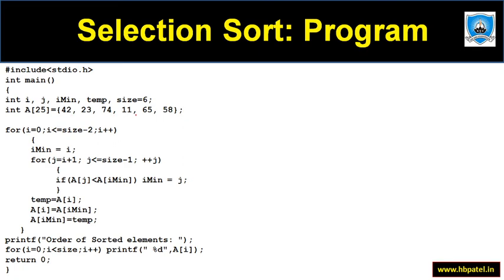So let us take the same example. I have a total of 6 elements and all these elements are put over here, and we know that the outer loop I starts from 0 and goes all the way up to size minus 2, and this j always starts from I plus 1 and goes all the way up to size minus 1, and then we compare A of j with A of I min, and if required we store j into I min.